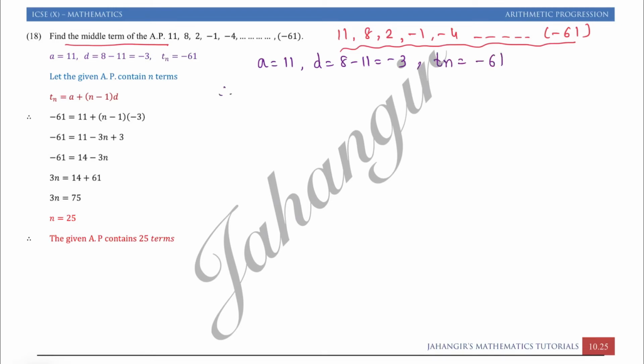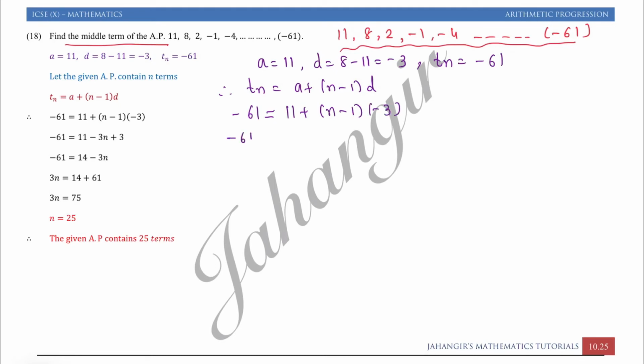So first I will find the number of terms by taking Tn as A plus (n minus 1) into D. So Tn is minus 61, minus 61 is equal to 11 plus (n minus 1) into D. D is minus 3.